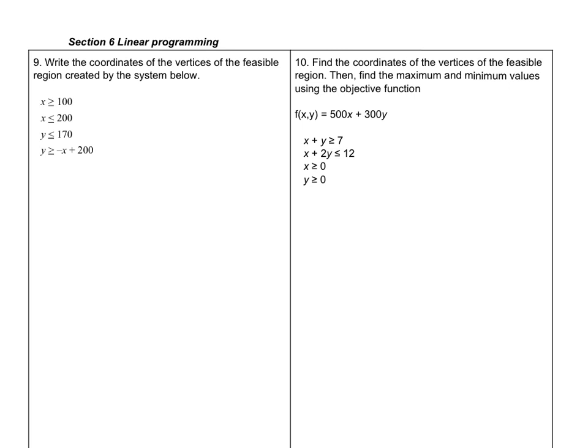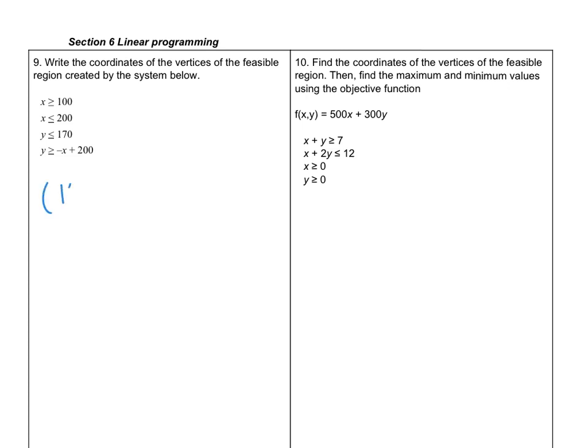You will have to zoom out here to see all of the inequalities. And then again, we're looking for the darkest region. There are going to be 4 points that contain our solution region.